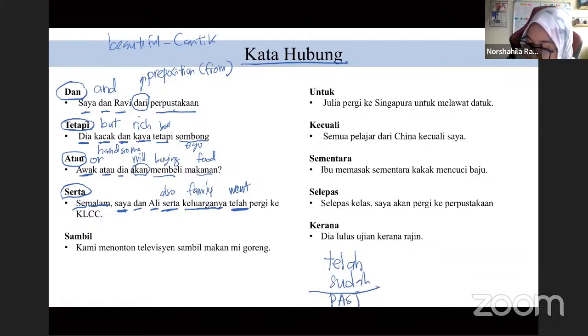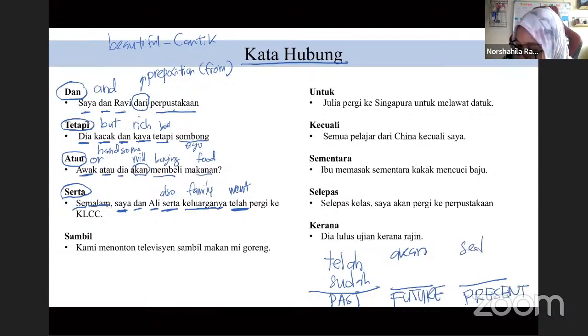Future, akan. Present, sedang or masih. So in Bahasa Melayu also we have past, present and also future.